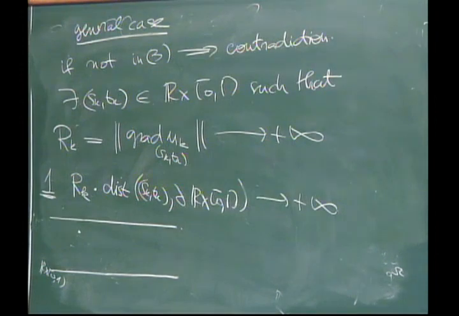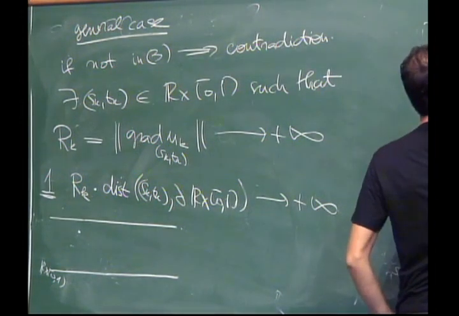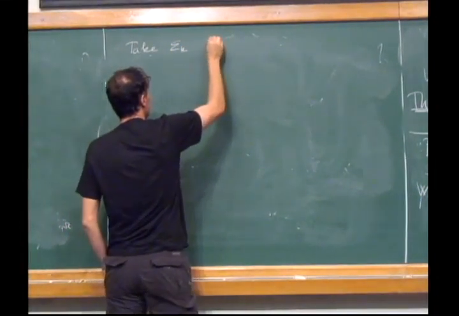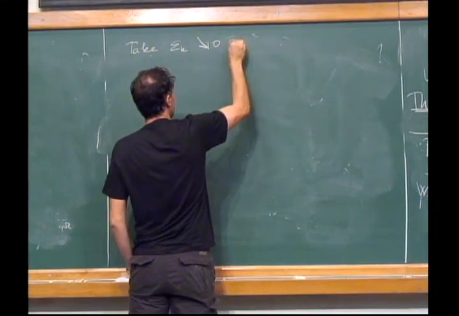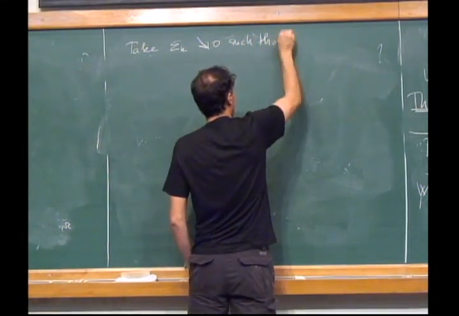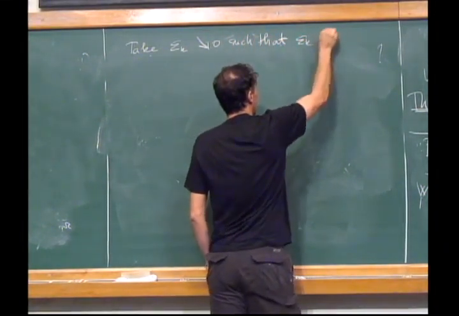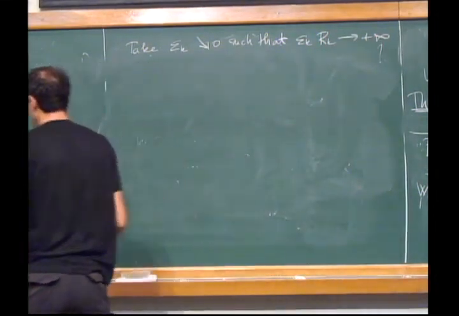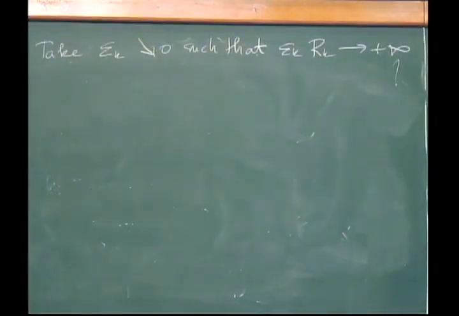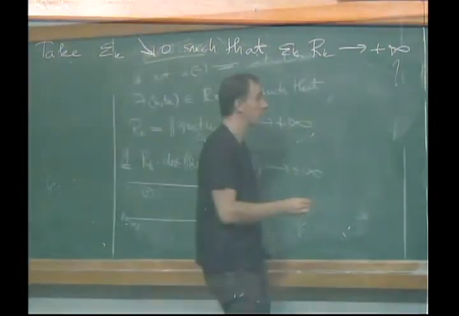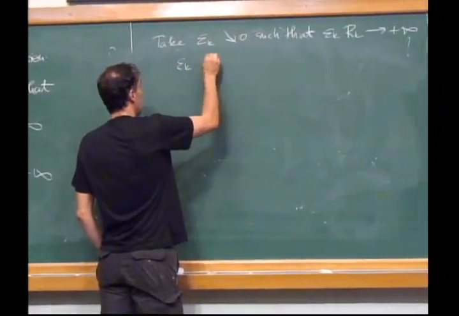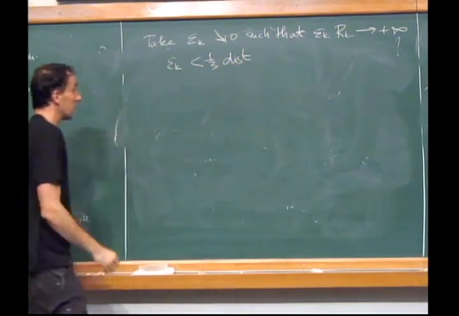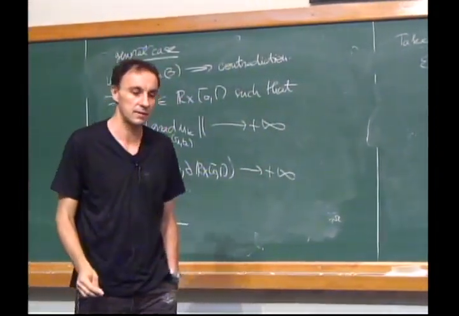So what to do in this case? Take epsilon_k going to 0 such that epsilon_k R_k still goes to plus infinity, and actually I want epsilon_k to be less than 1/3 of this distance.